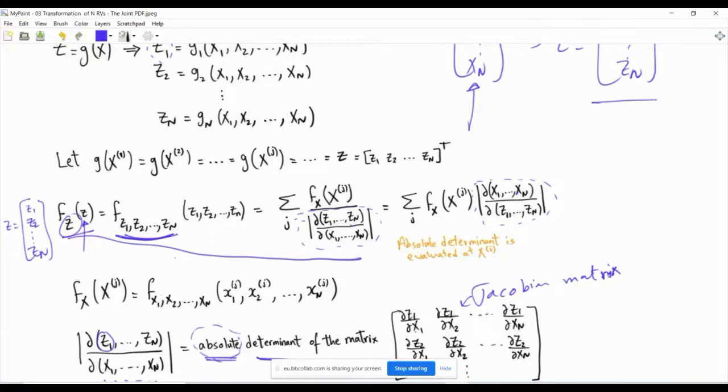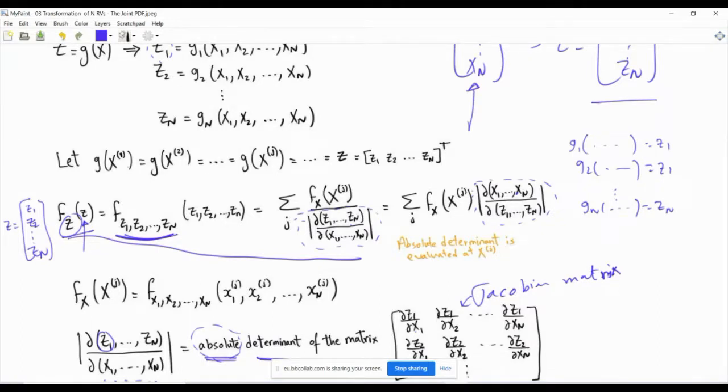And so what we do is that we solve it. You write down G1 equal to z1, G2 equal to z2, and then Gn equal to zn. So you write down equations, and the summation here is a summation over the solutions to these equations.